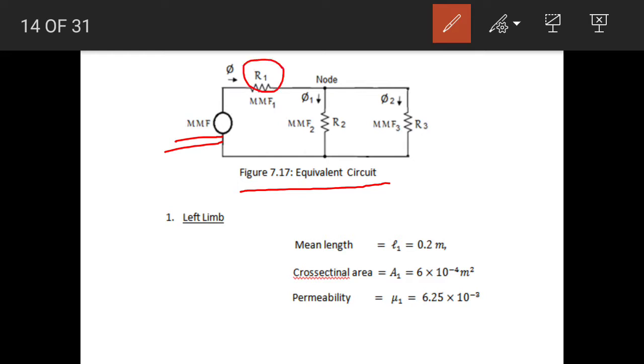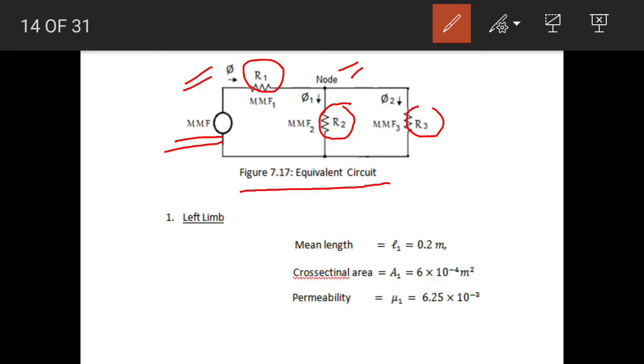R1 represents the reluctance of the left limb, R2 represents the reluctance of the central limb, and R3 represents the reluctance of the right limb. We have the total magnetic flux in the circuit, and it divides into 2 parts at the given node. Phi 1 is the magnetic flux in the central limb, and phi 2 is the magnetic flux in the right limb.